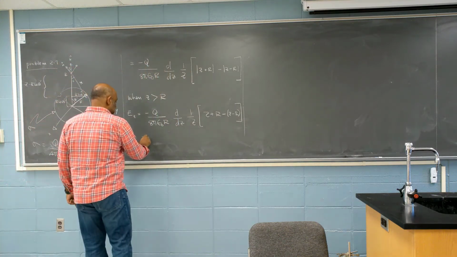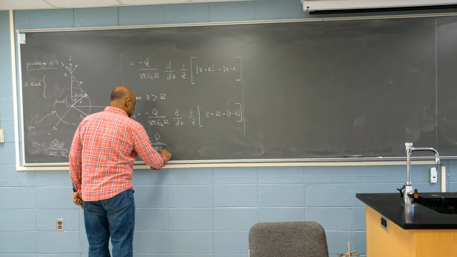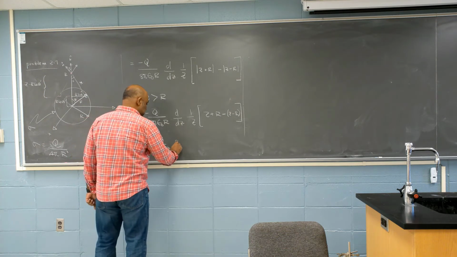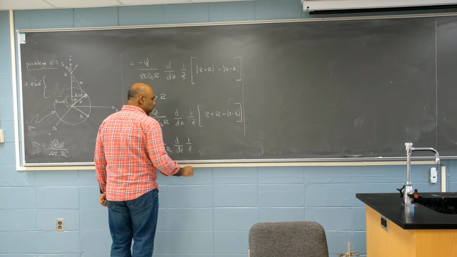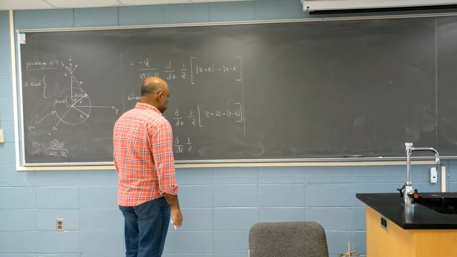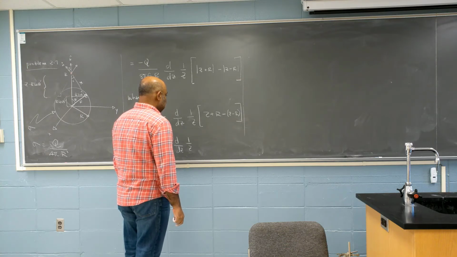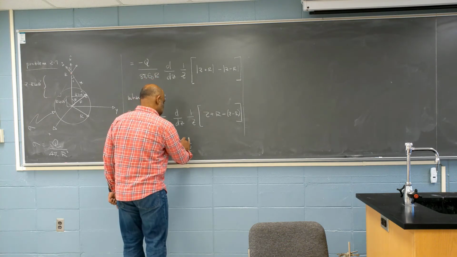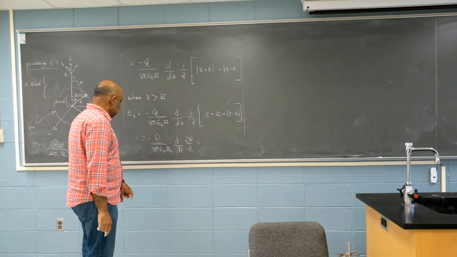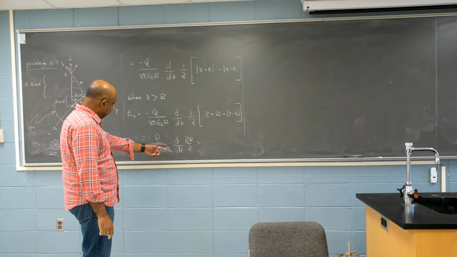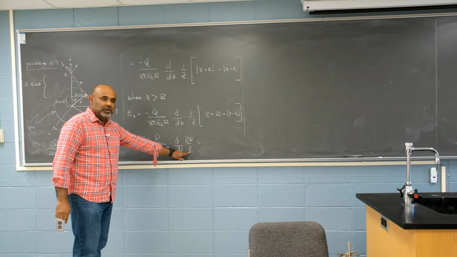Okay, so then that's minus Q over 8 pi epsilon naught R, d/dz of 1 over Z. What happens when you simplify? You would get 2R. Derivative of 1 over Z is what?